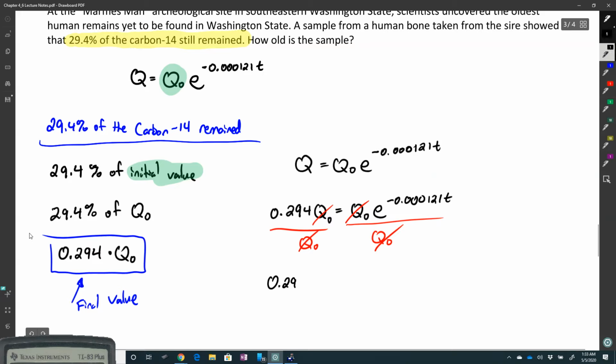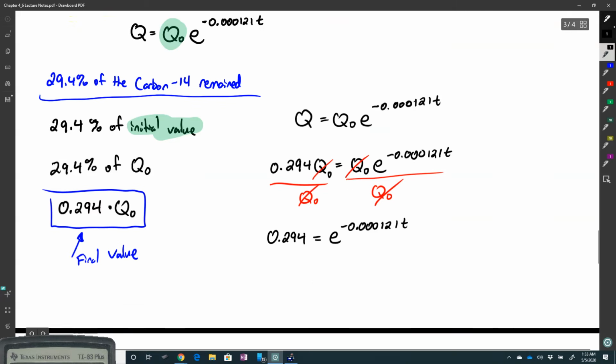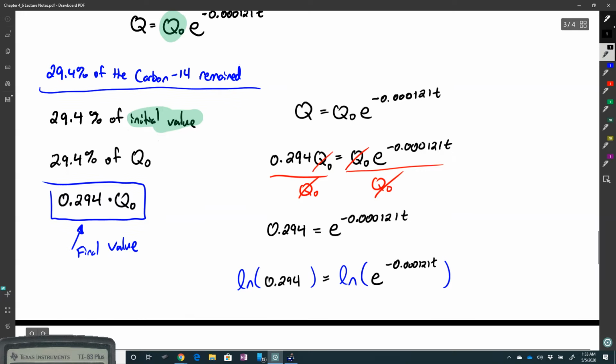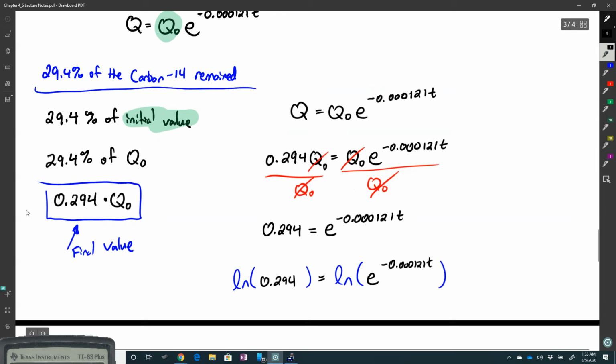So I have 0.294 equals e to the negative 0.000121t. And then I take the natural log of both sides, as one does. You've hopefully seen this enough times to know what's going to happen. The ln and the e are going to cancel. I did not give myself enough room.